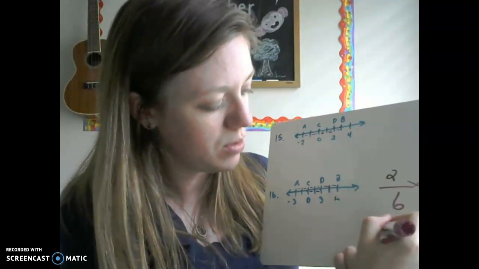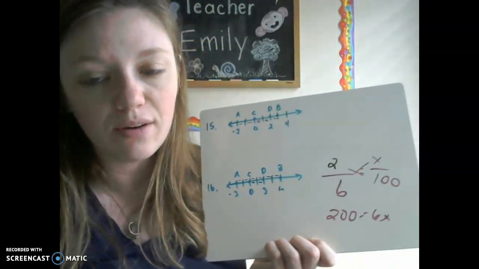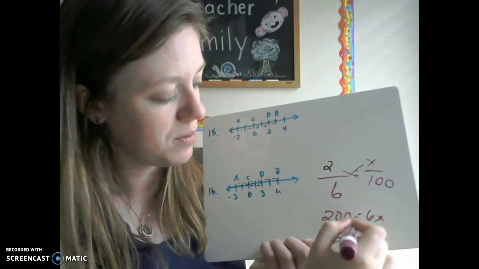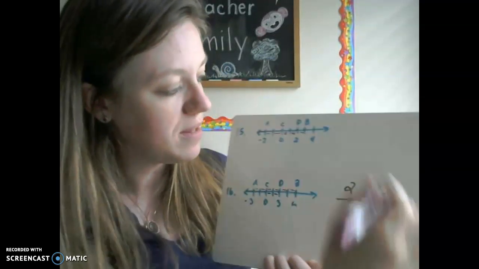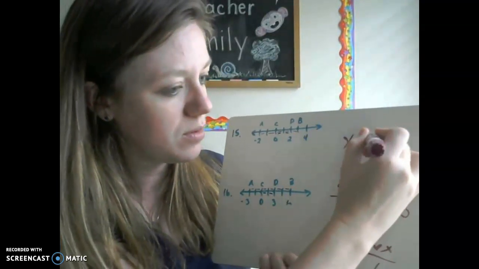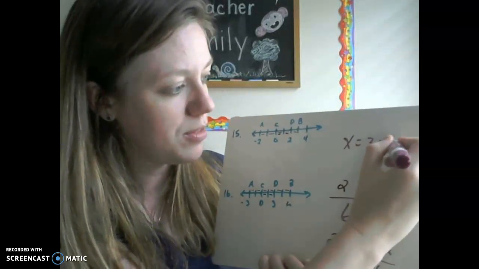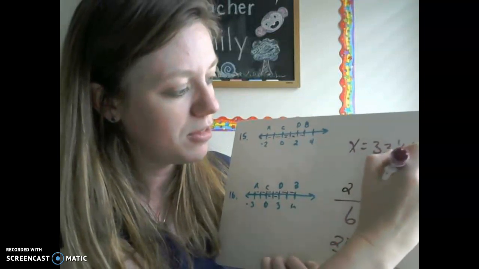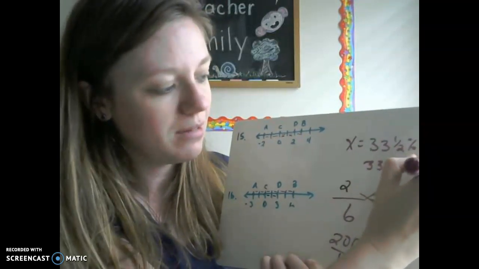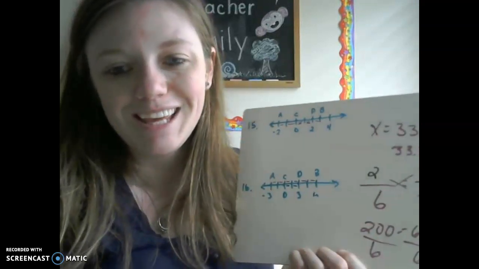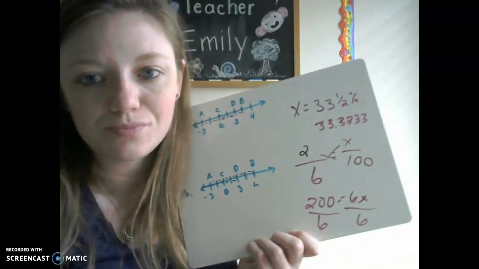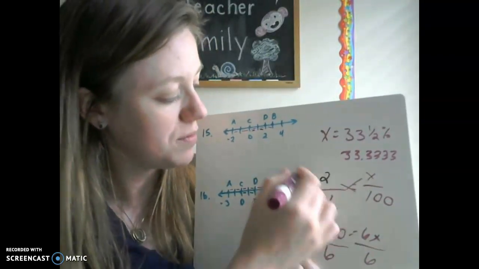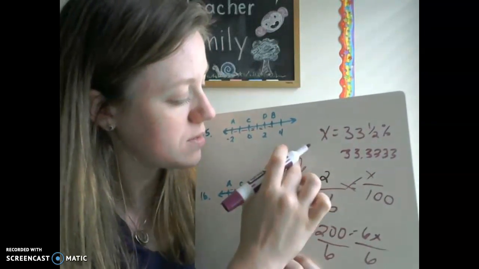So 200 equals 6x. Now, if you put that into your calculator, you will find that x equals 33 1/3%, or 33.3333333333. So that's 1/3. 2 over 6, 1/3. 1/3 chance.